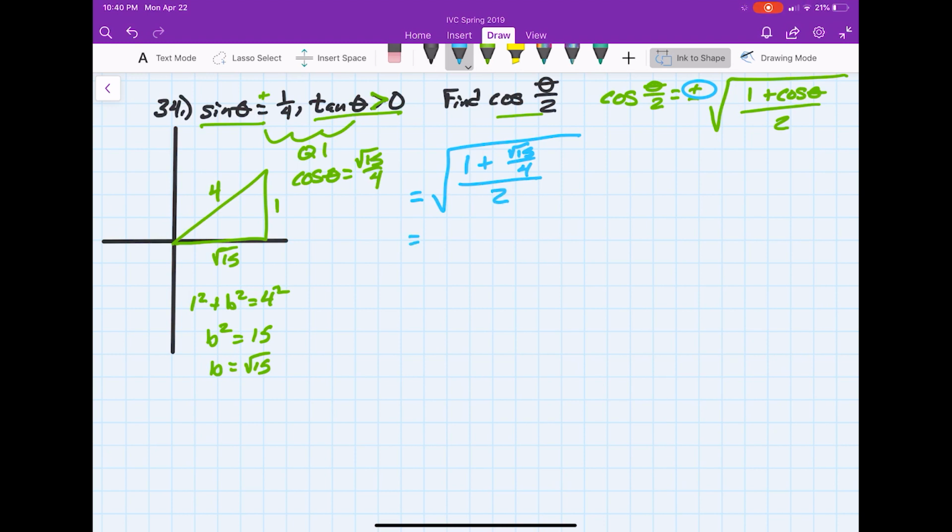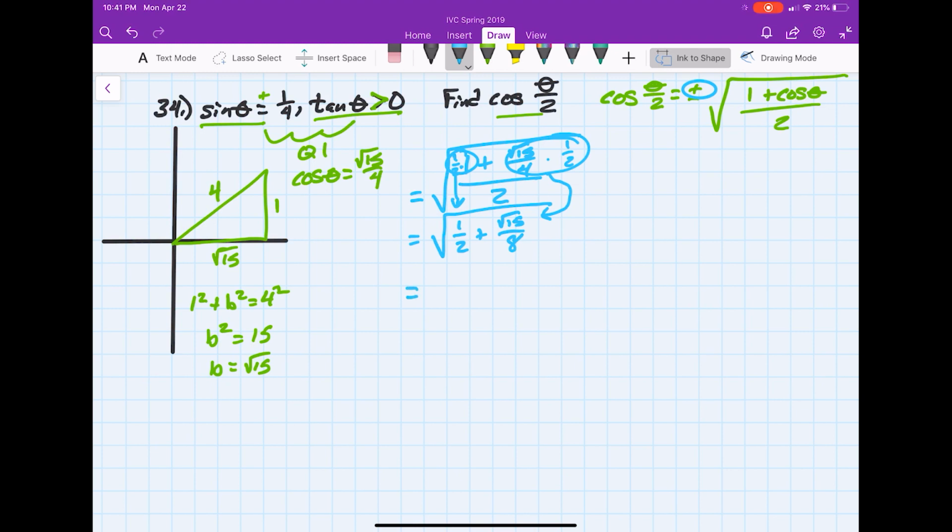And that can be changed to 1/2 plus square root of 15 over 8. Technically, I was just multiplying both these pieces by 1/2, the inverse of the 2 below. This is where I got these bits, just like I did on the last one, just in a quicker step.